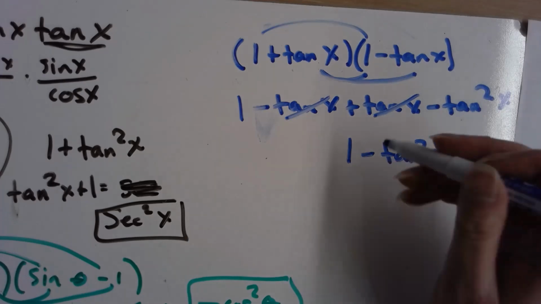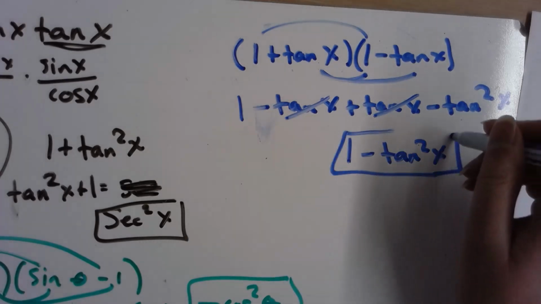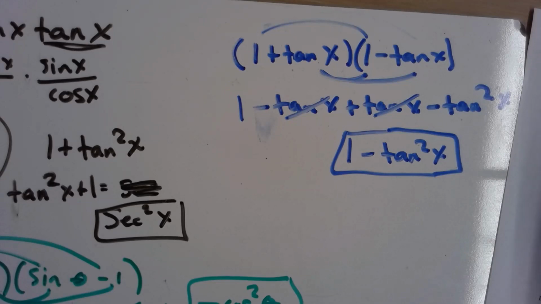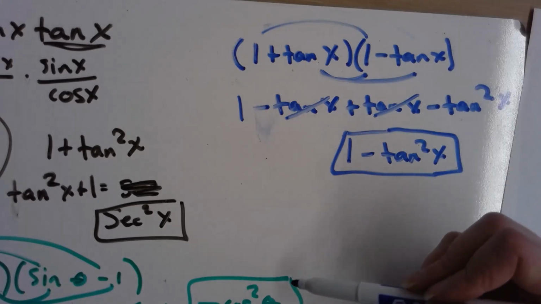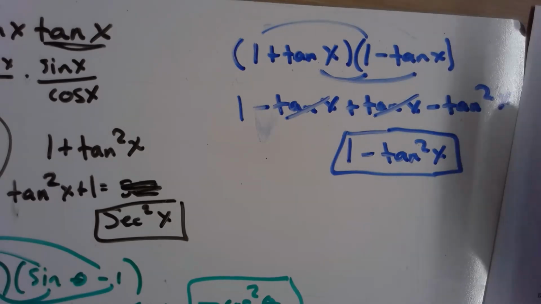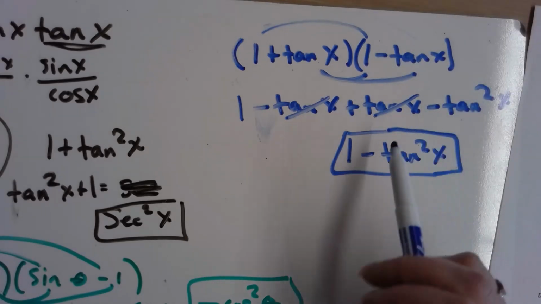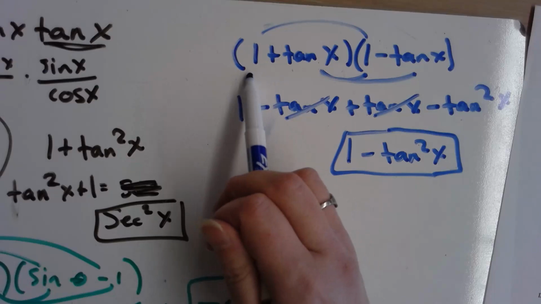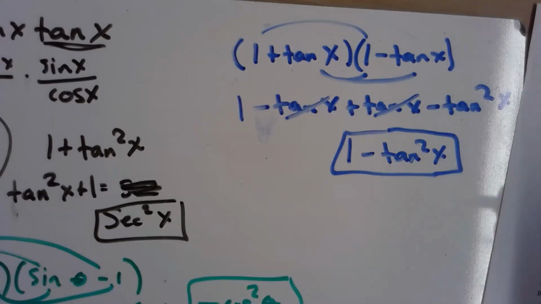So in this case, this is actually simplified right here. I cannot go any further. They're not always going to simplify down to a nice single sine, cosine, or tangent. Sometimes the simplification is just down to a smaller expression than the original. Okay, I've got 2 more on the next video for you, so hold on.